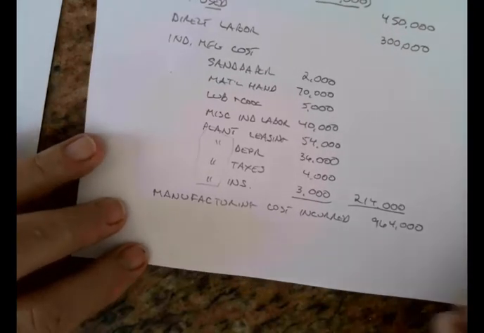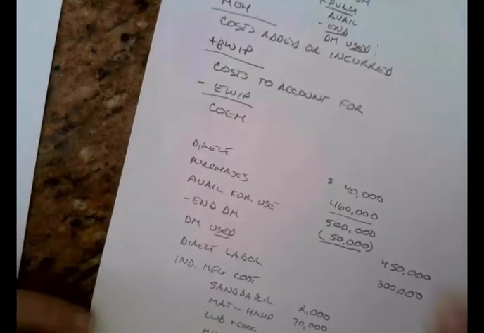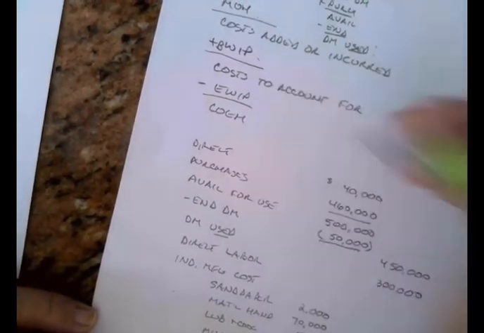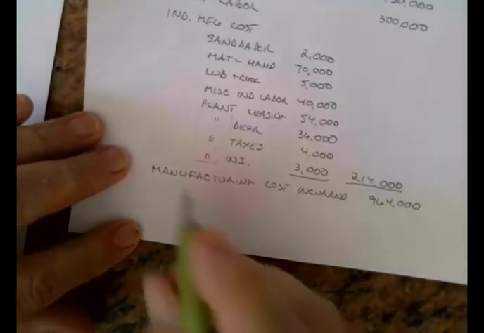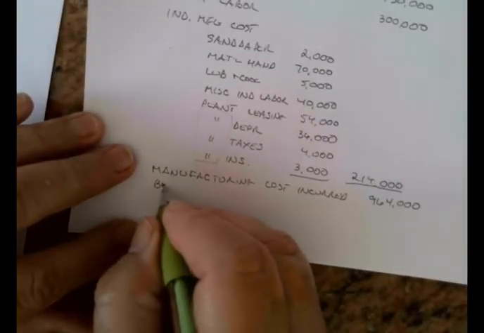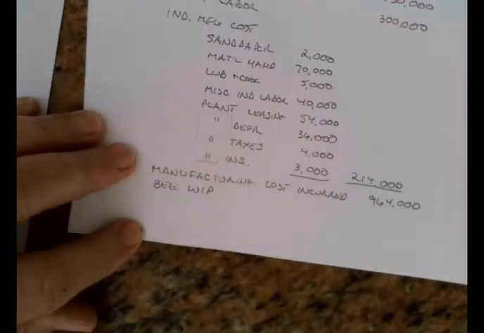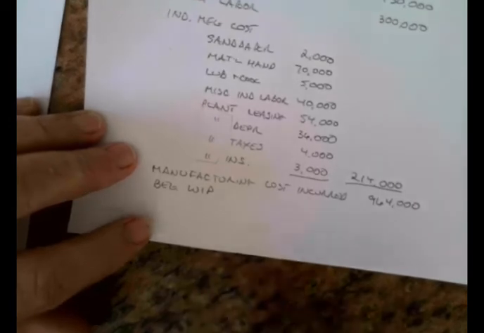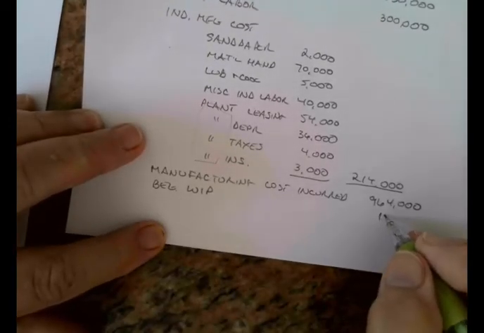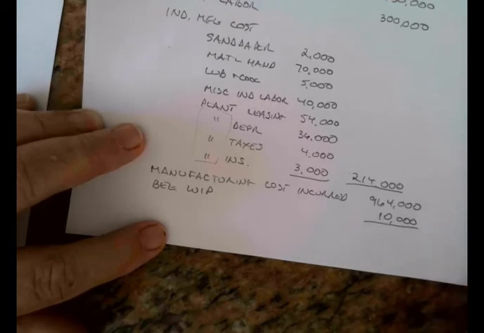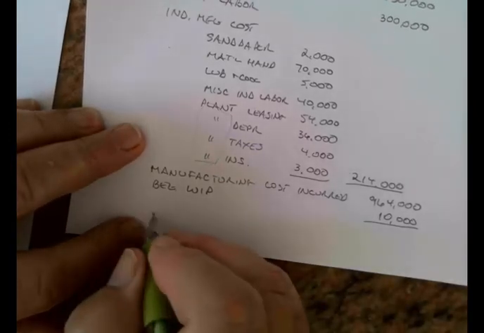So to that, we are up there. We just have to do our work in process bit and we're all set. We've got to add beginning work in process. I'm going to just call it WIP. Beginning work in process, and that is $10,000, which gives us cost to account for.